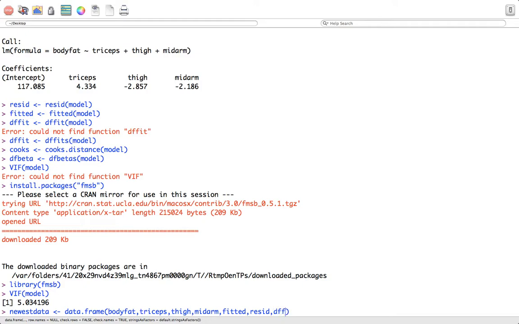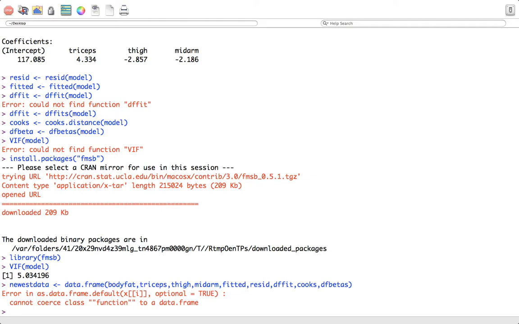Then I'd like to come in with my DF fit. Then I'd like to come in with my cooks. And then I'd like to come in with my DF betas. Now my DF betas, I'm going to have 3 of those because you have one for each of the predictors. All right, what's going on here? This is weird. Newest data optional equal true, cannot correspond to a data frame, cannot coerce class function.